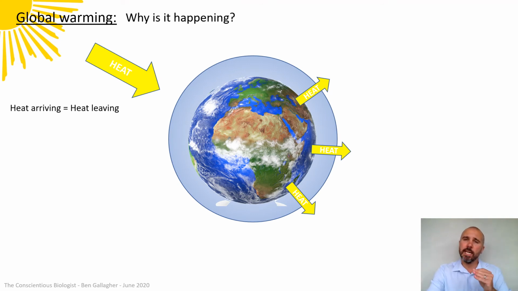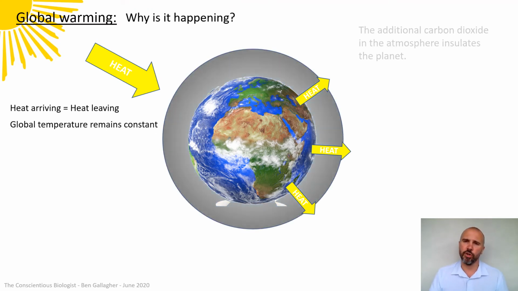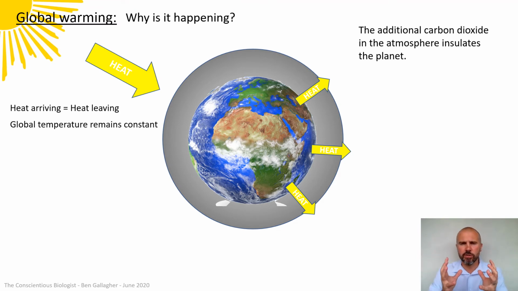Now, as long as the heat arriving to Earth from the sun is equal to the heat leaving, then the global temperature is going to remain constant. That's the kind of ideal situation. However, what we've got is a situation where we've got a huge amount of additional carbon dioxide and greenhouse gases that build up in our atmosphere, so I've now changed it to sort of greyer and slightly thicker, which insulates the planet.